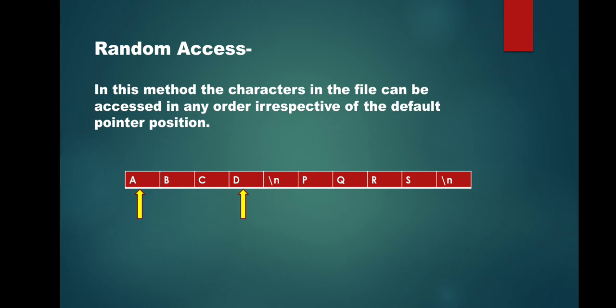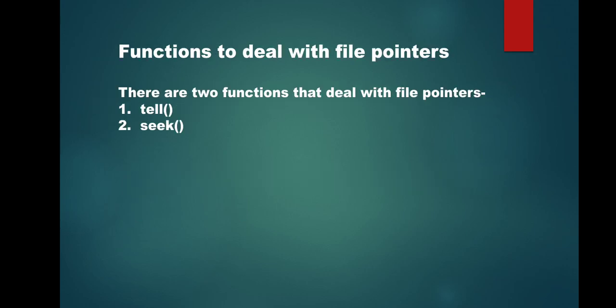Okay. So now we will be studying randomly accessing a file. The functions that are used to deal with file pointers, which help you manipulate the position of the file pointer, are tell and seek.